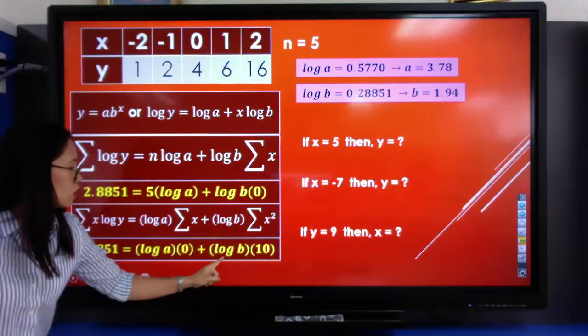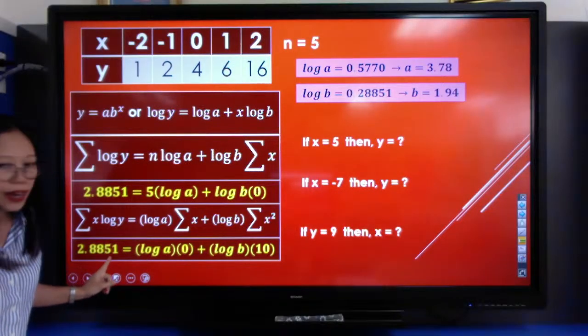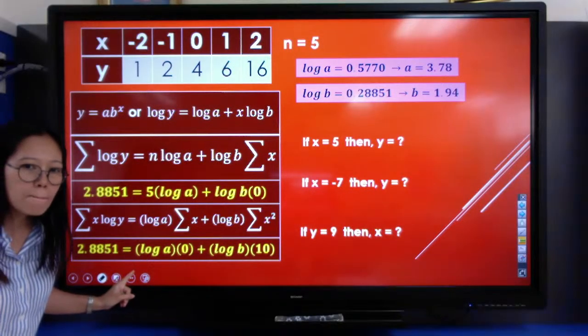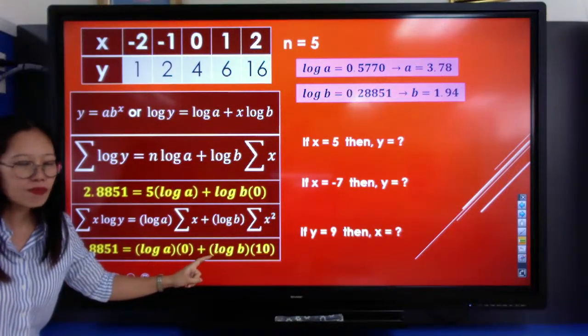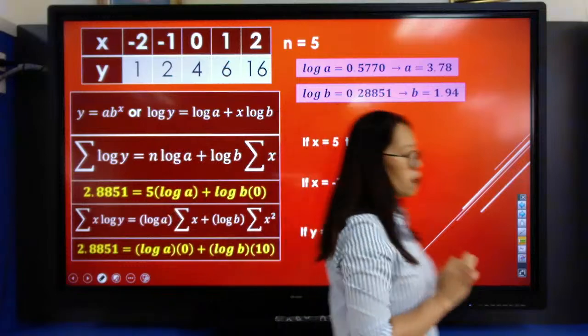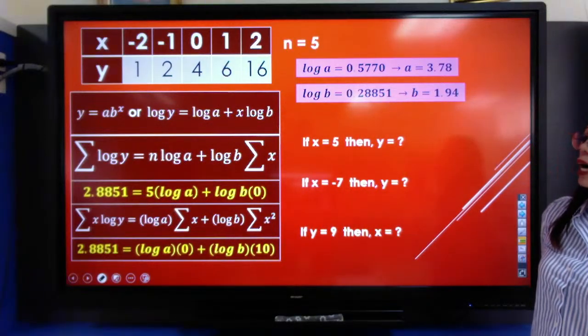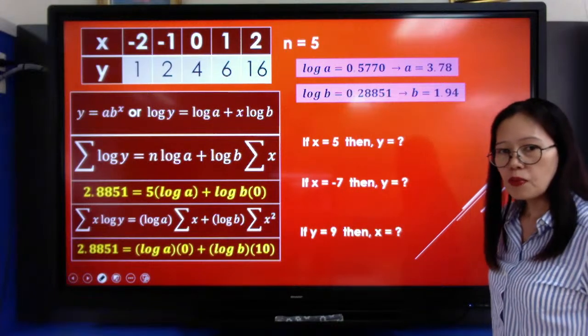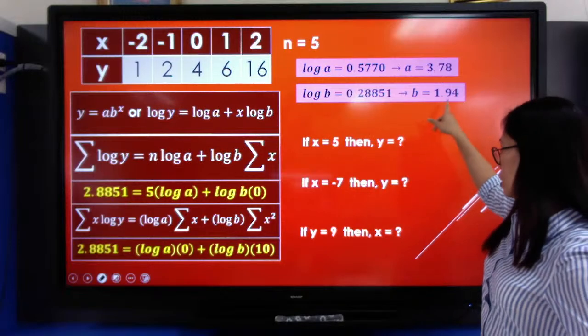So we'll be having only logarithm of B times 10 equals 2.8851. All we need to do is divide this by 10, of course, and we will arrive at logarithm of B equals 0.28851.